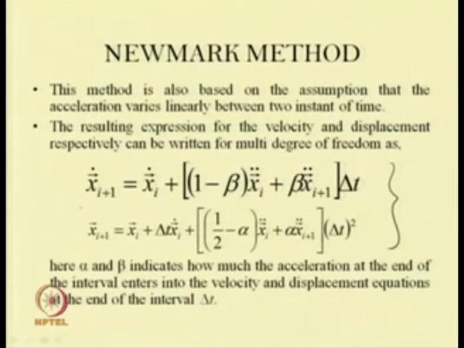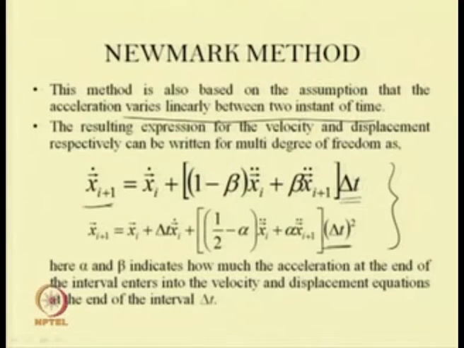So, x I plus 1 dot equal to x I dot plus 1 minus beta into x I double dot plus beta into x I plus 1 double dot, into delta t, and x I plus 1 can be written as x I plus delta t x I dot plus half minus alpha into x I double dot plus alpha into x I plus 1 double dot, into delta t square.